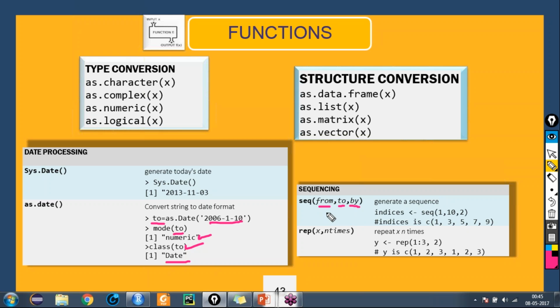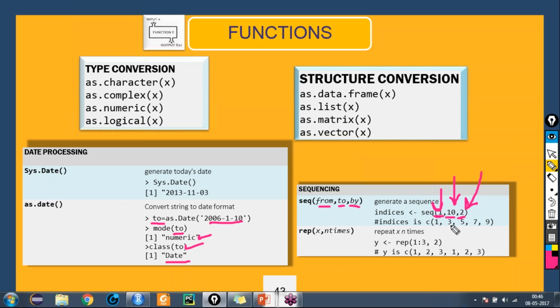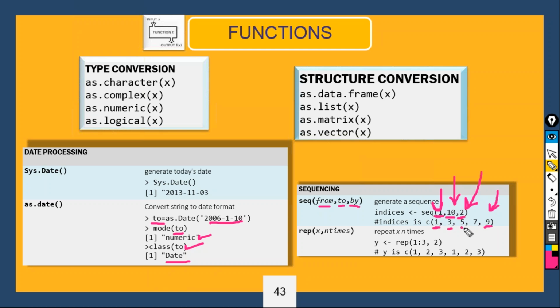So this sequence starts from 1, goes till 10, and the difference between them should be 2. See, it starts from 1 and goes till 10. I'll tell you why it is not displaying 10, and the difference should be 2. How? 1, 3, that is a difference of 2, then 2 difference, then 2 difference, then 2 difference.